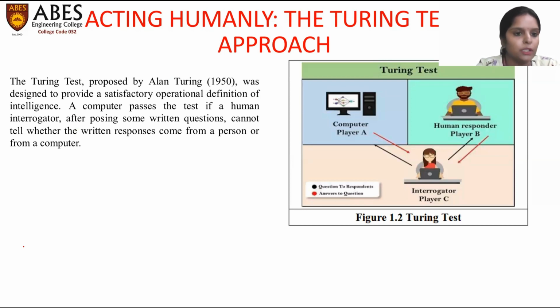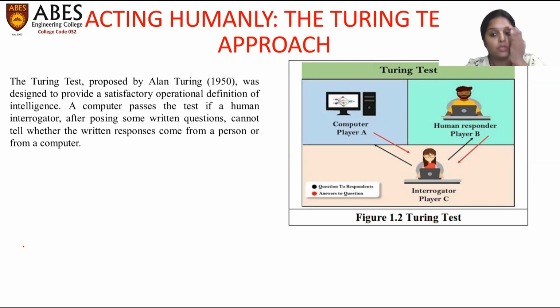So we can say the Turing test proposed by Alan Turing in 1950 was designed to provide a satisfactory operational definition of intelligence. A computer passes the test if a human interrogator, after posing some written questions, can't tell whether the written responses come from a person or from a computer.